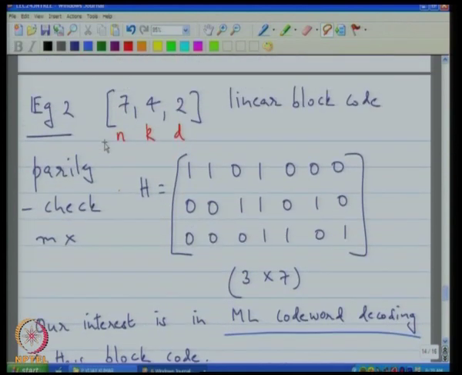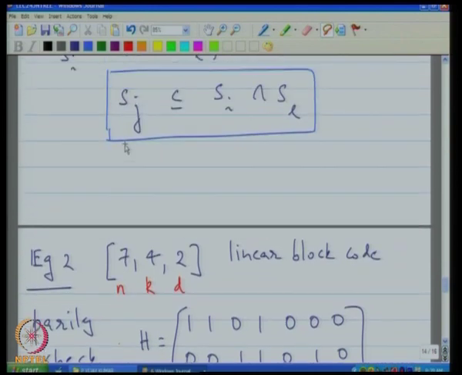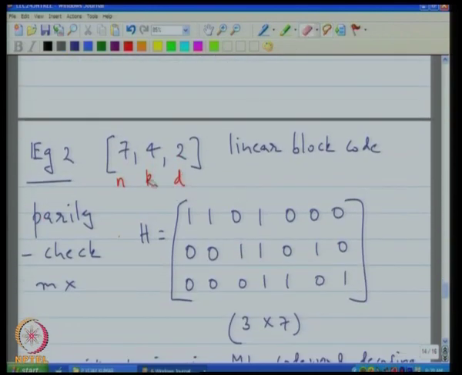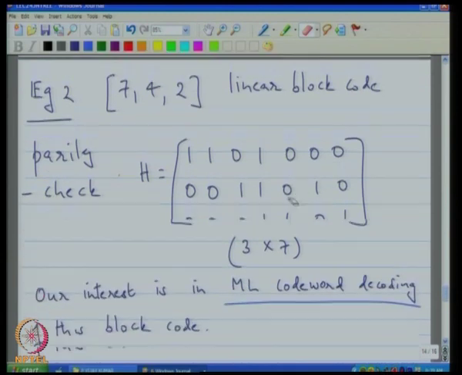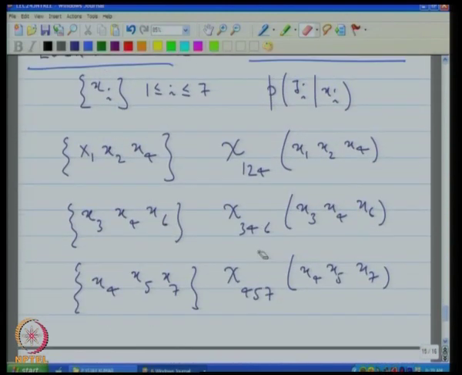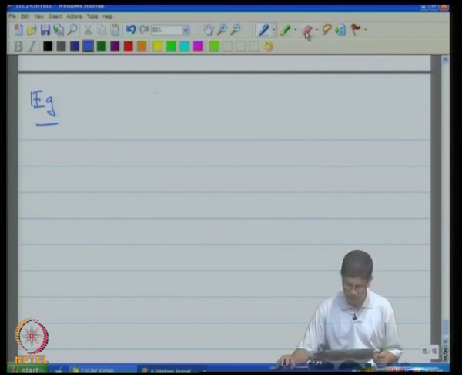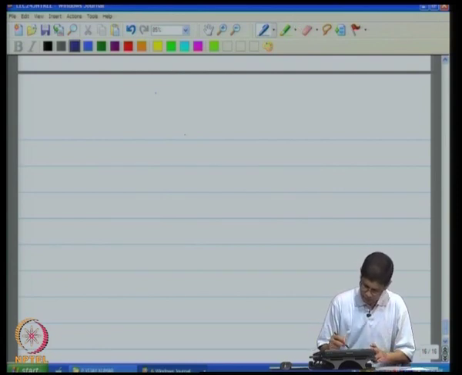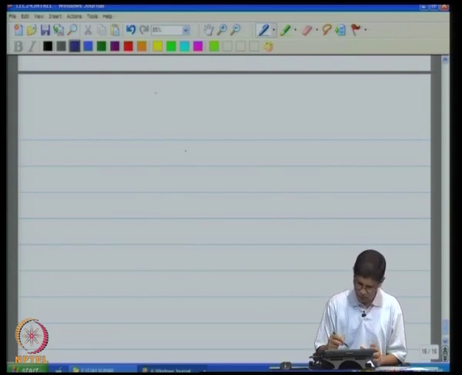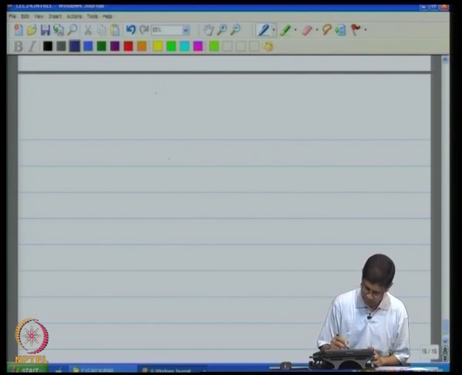So, in our example, we are looking at the 742 code again, and here were the associated local domains. The local domains were the individual xi's, x1, x2, x4, and the question is, can you organize these into a junction tree? Well, how do you actually organize these into a junction tree? We will look at that in a subsequent lecture, but I just want to show you what a junction tree looks like. So, I have to organize the local domains, and I choose to organize them like this.